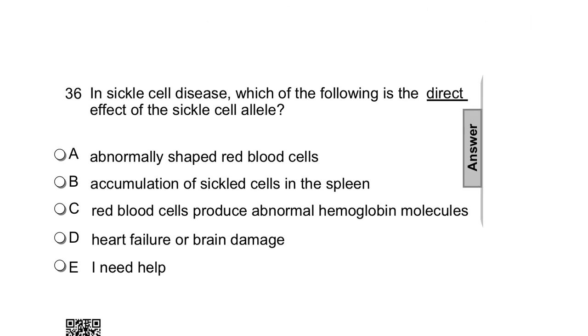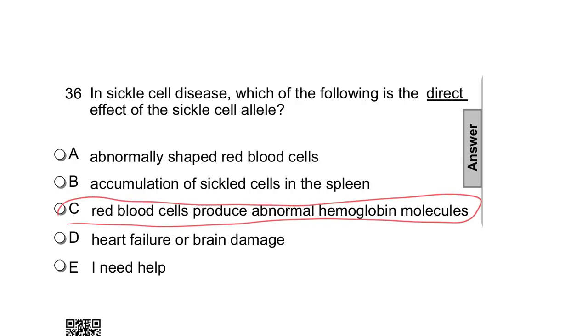Which of the following is a direct effect of the sickle cell allele? It's a crinkling of the hemoglobin molecule under low oxygen conditions. So really, the crinkling is not the direct effect.